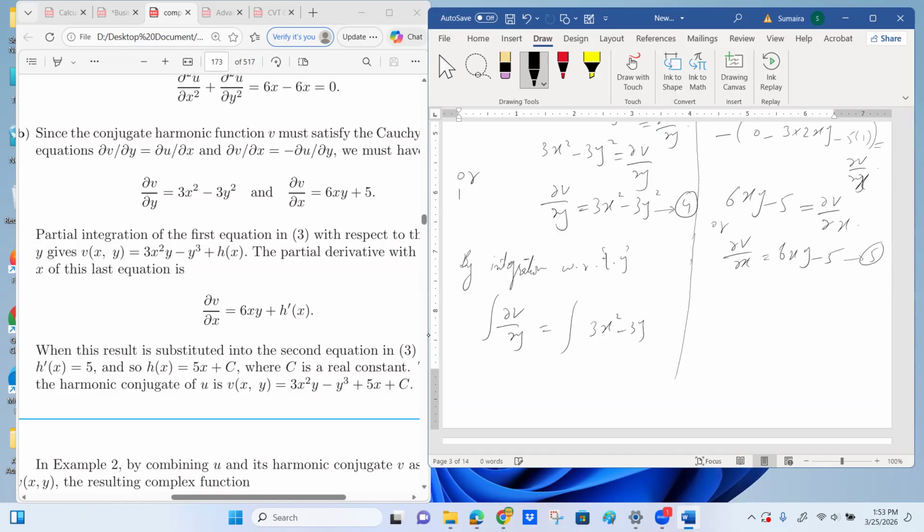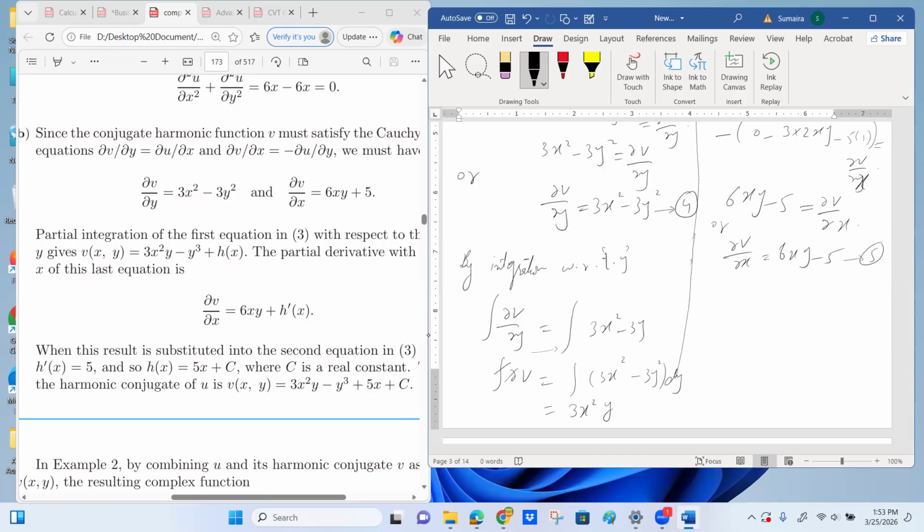So integration of partial v is equal to integration of 3x square minus 3y square into dy. Its value will be: integration of 3x square as it is, with the power of y being 1, so integration of 1 is y.